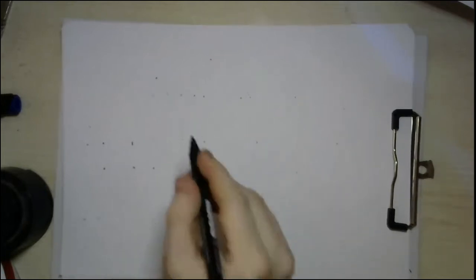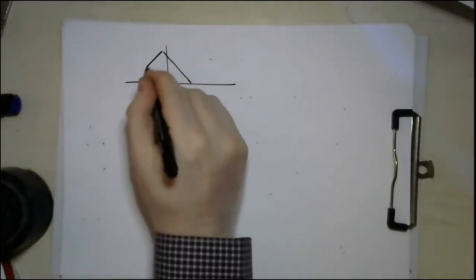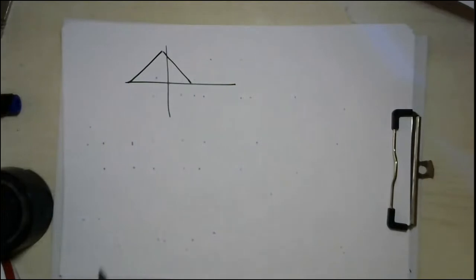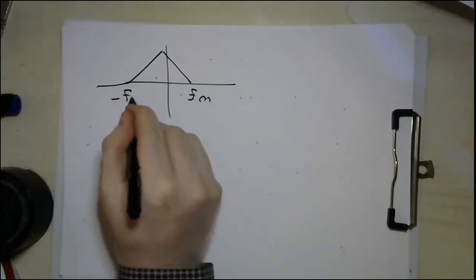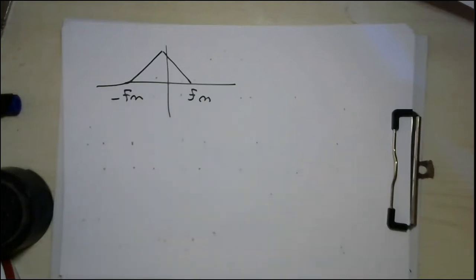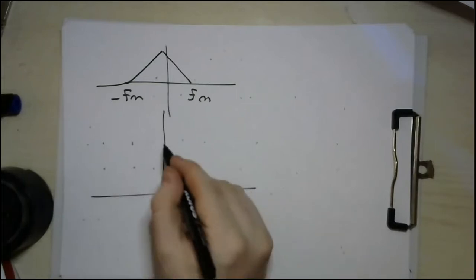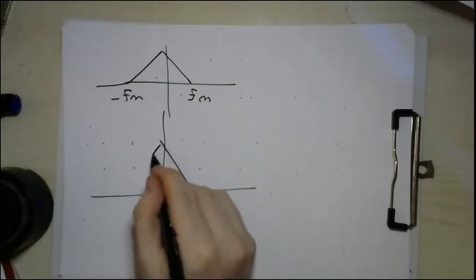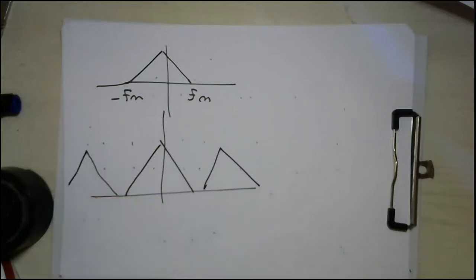Ideally, the message has a frequency spectrum which looks like that. This is fM, and this is negative fM. Whenever you have sampling with a frequency fs, you will get something like that, and a third one here, and so on.